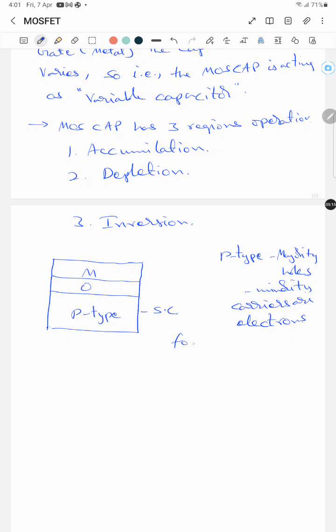For N-type semiconductor, majority carriers are electrons and minority carriers are holes.